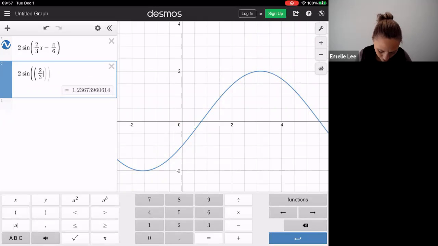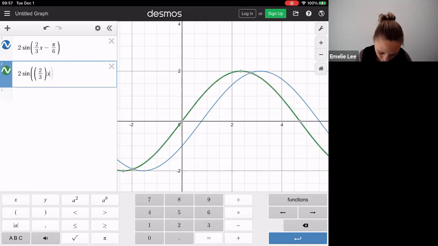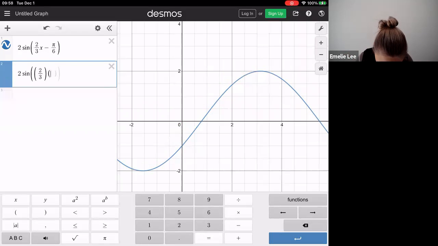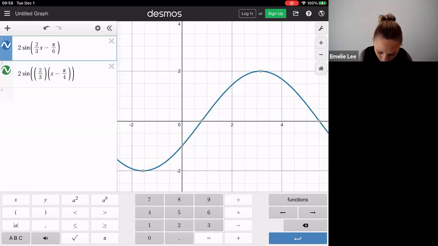Because what am I trying to accomplish here? Times x. I have to keep the x minus pi over 4 inside the sine, but I've also pulled out that 2 over 3. And so what I can do is just rewrite this as x minus pi divided by 4. End that bracket, and then end that sine bracket, and phew, it looks like these are the exact same function.